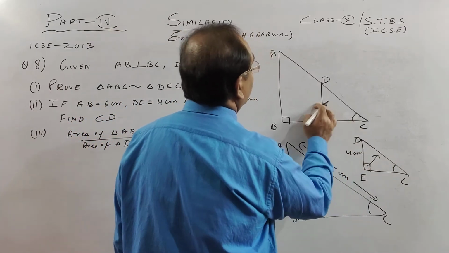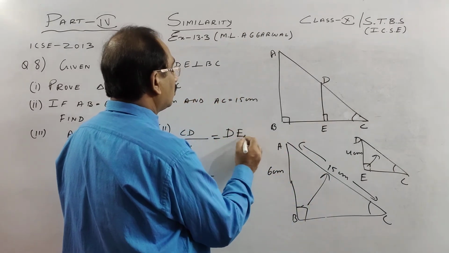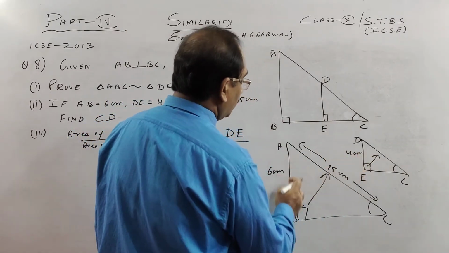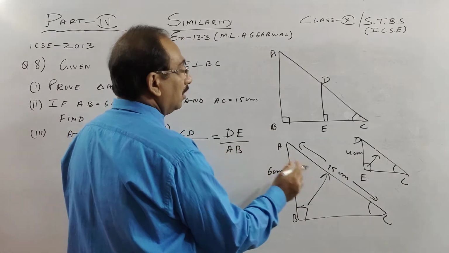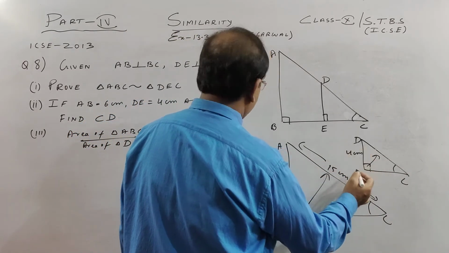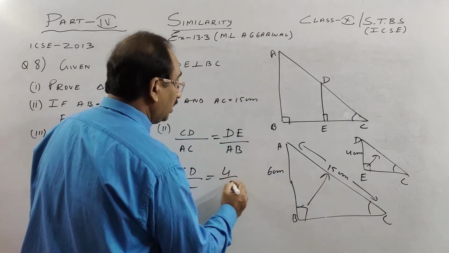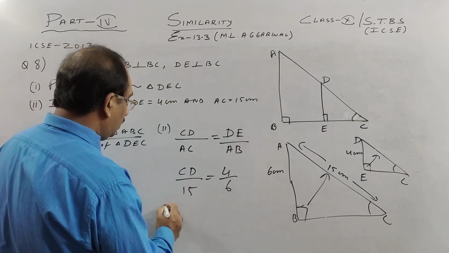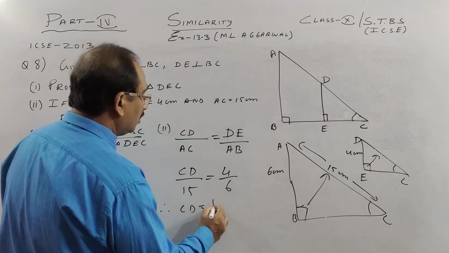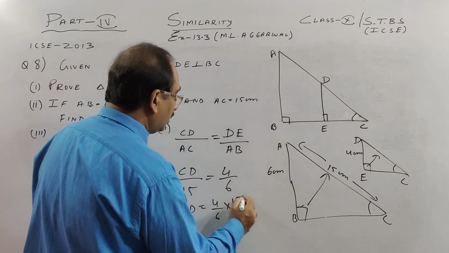DE is opposite to the common angle, and AB is opposite to the common angle. Both are known: 4 by 6. So finally, children, we get CD is 4 by 6 into 15.